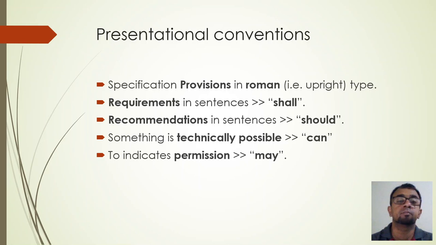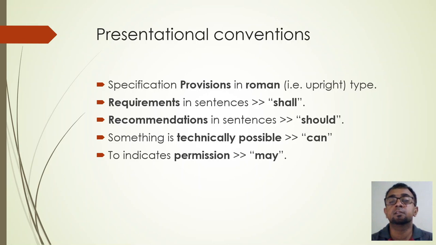The auxiliary verb shall will explain that what is given in the sentence is a requirement. That is, you have to do it, or basically you can consider it is a must if you are really following this specification.